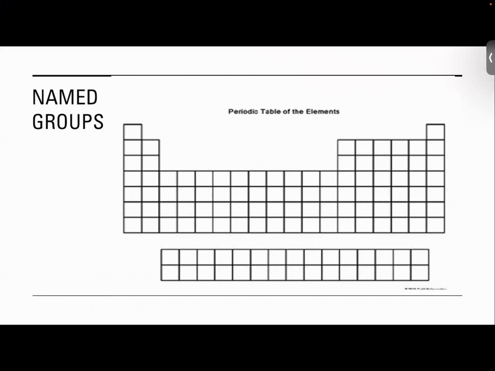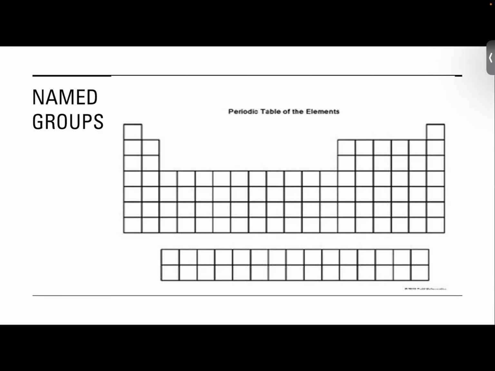Now, I do want to mention the group numbers a little bit more. The group numbers on this periodic table list 1 through 18. You will see another variation where this will be 1A, 2A, bump over to boron, and that's 3A, 4A, 5A, 6A, 7A, 8A.